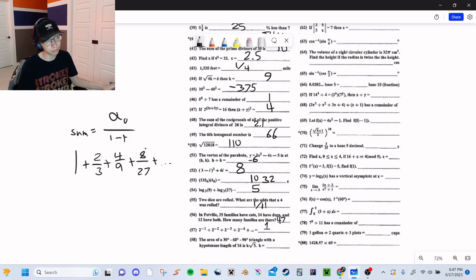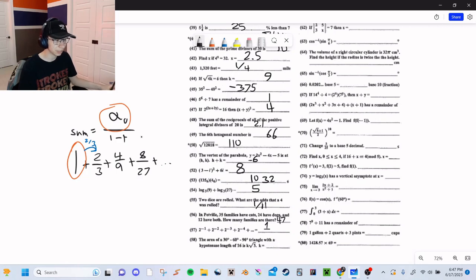So what's the sum? Let's identify the two things we need. What's our first term? Our first term is 1. And what's our rate? Our rate, this number we're multiplying by in each term, is 2/3.